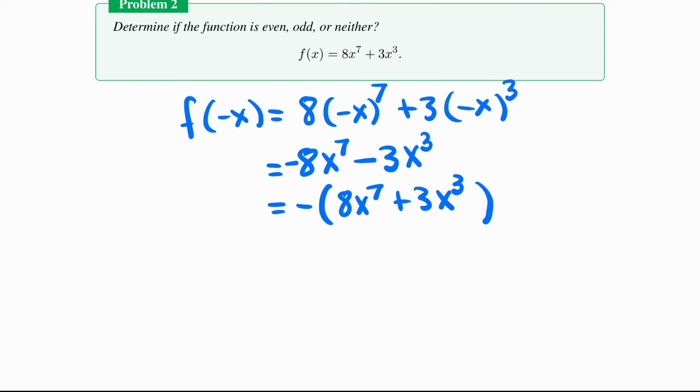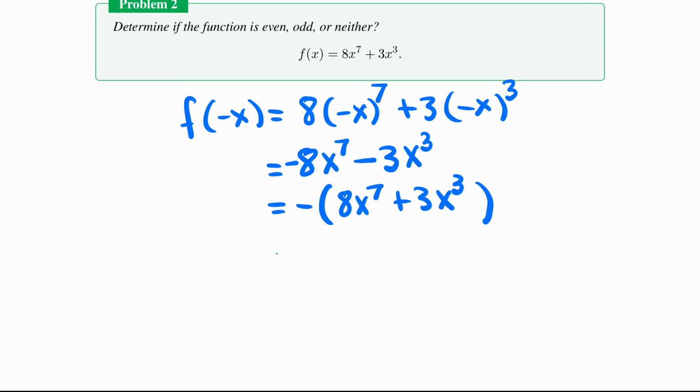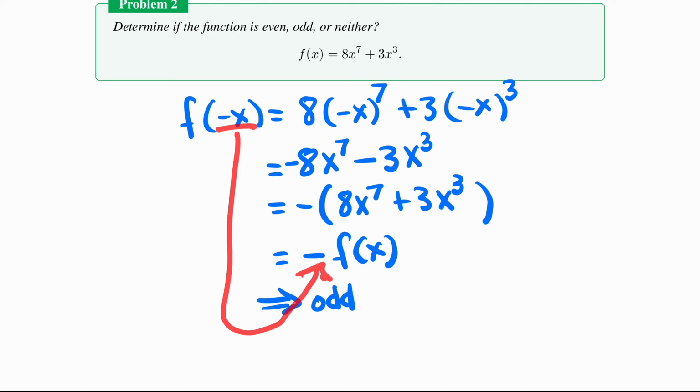In the parentheses is the original function. So what we have here is negative times f of x. That means that you have an odd function. When you plug in a negative x, what happens? The negative comes on the outside.